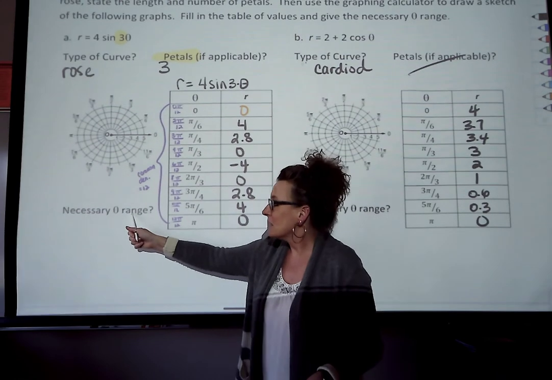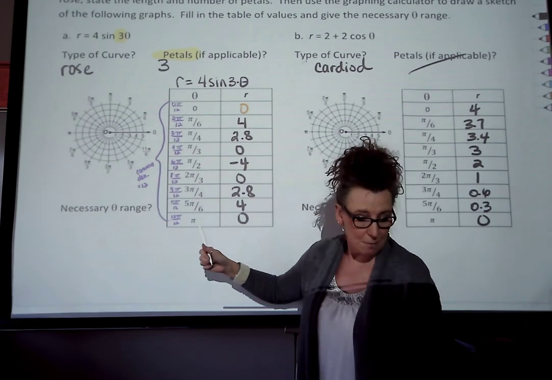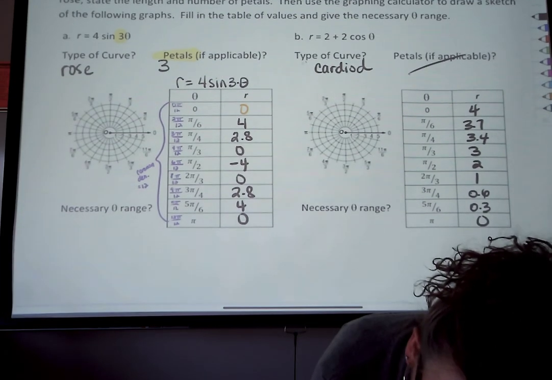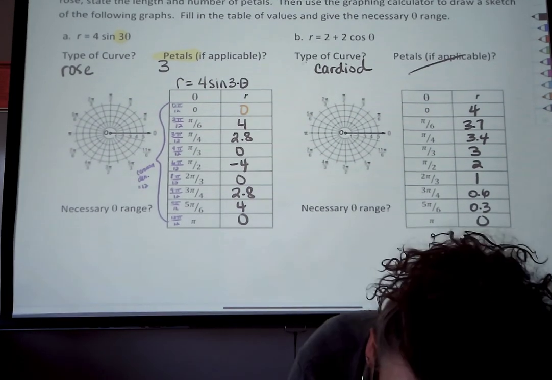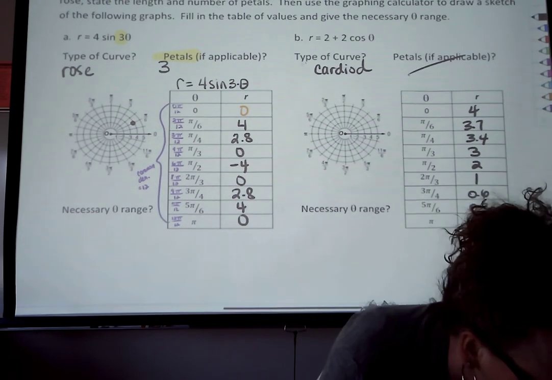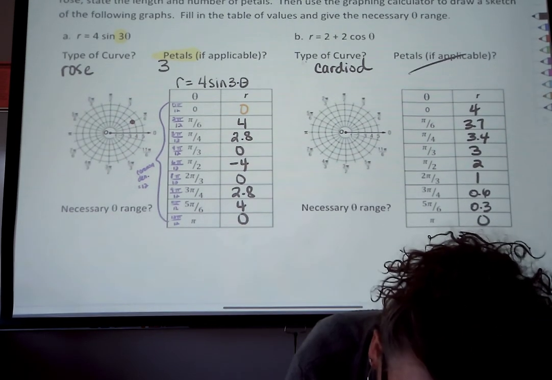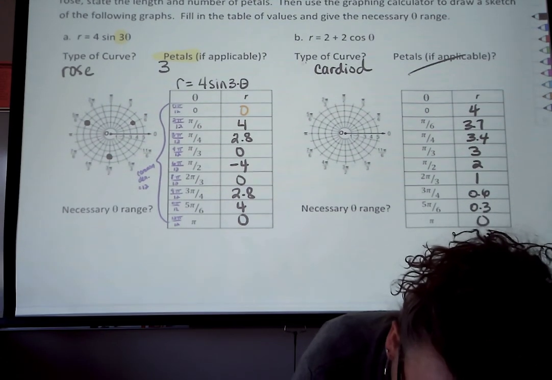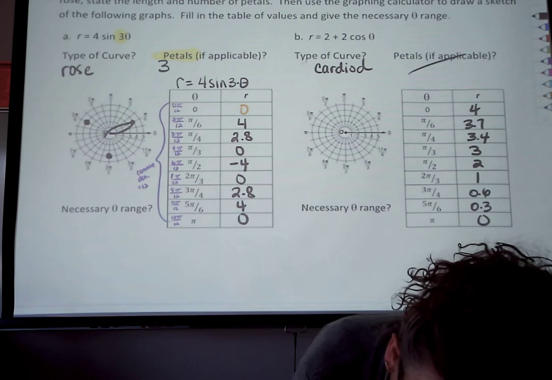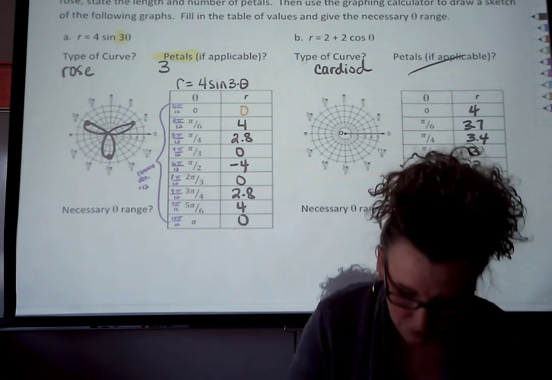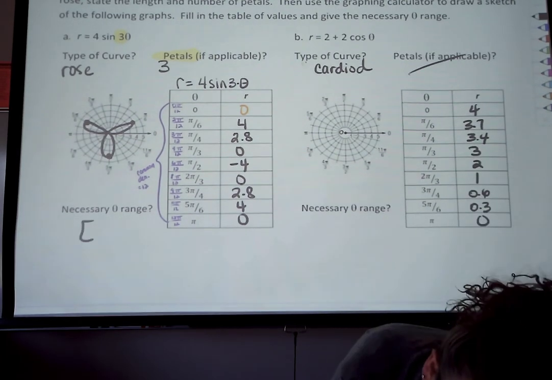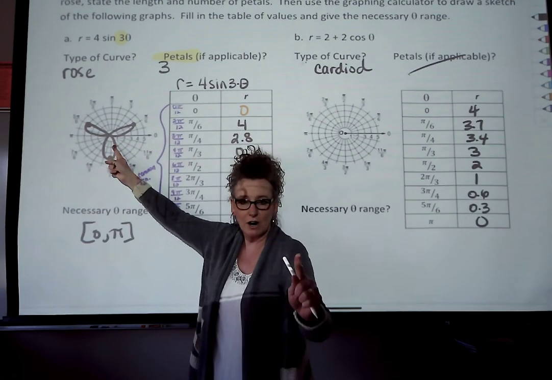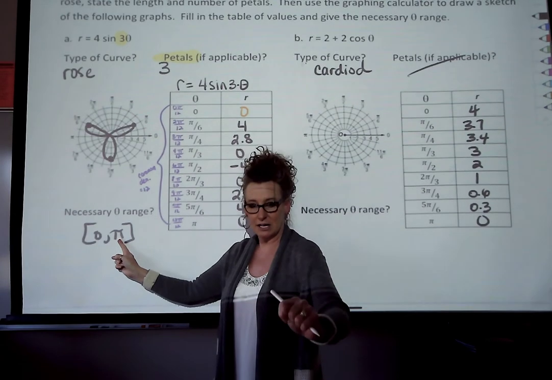I skipped this one, my bad. Necessary theta range. What you'll see is it made this graph. Let's see, r was 4. So it made the graph, and it drew this whole graph to here.